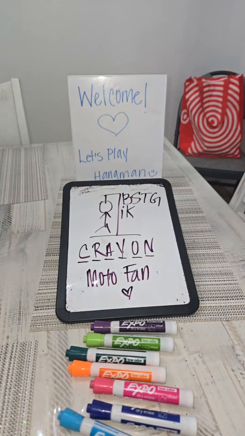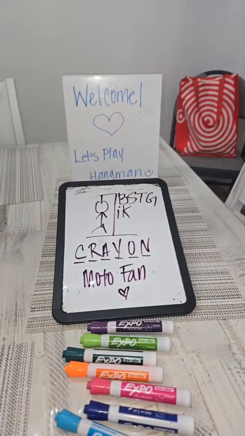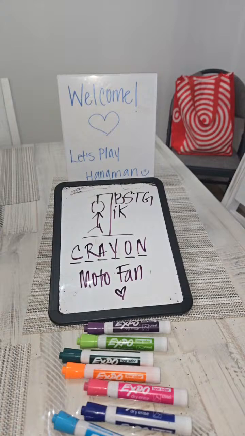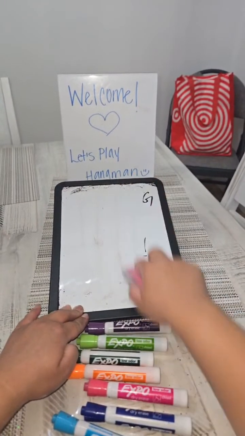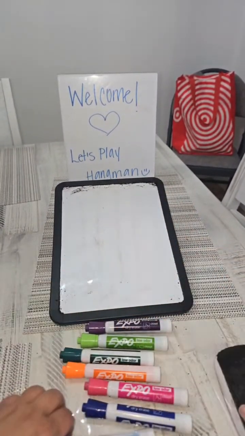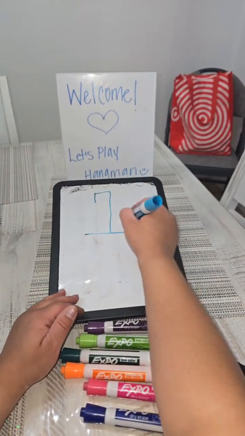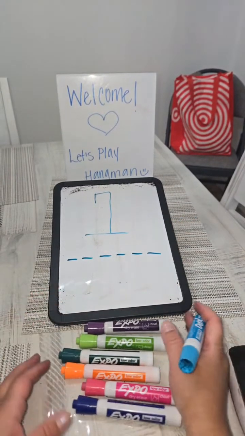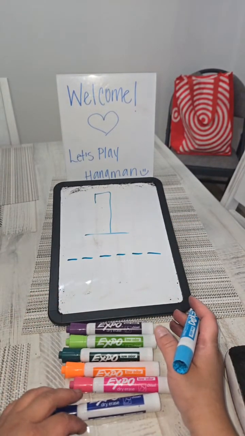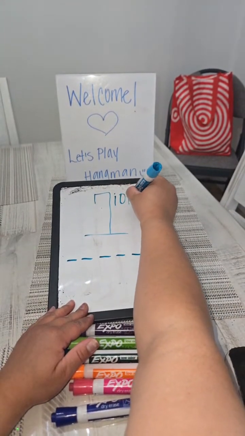All right, moving on to the next one. The next one is also made up of six letters. And one, two, three, four, five, six, and begin. I-O-E.